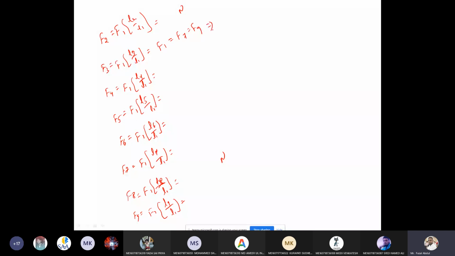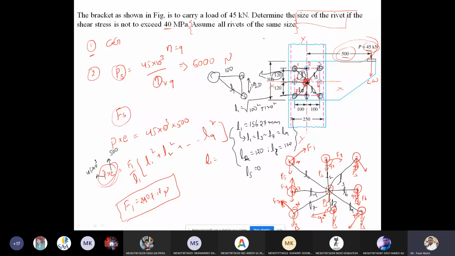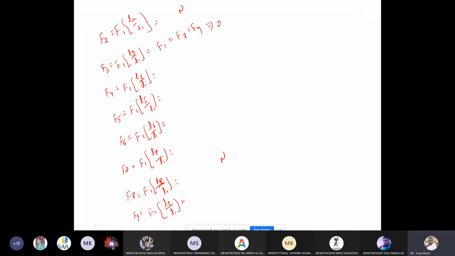How much is the value? Just now we calculated 2407.17 newtons. Okay. F4 we calculated, sorry, F1, F7, F9. No, sorry.